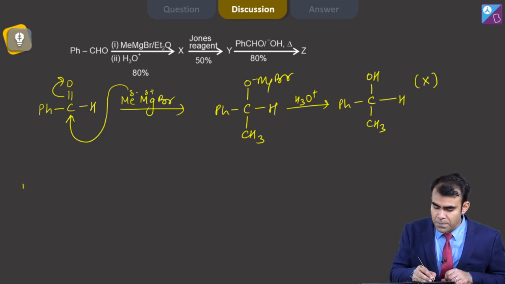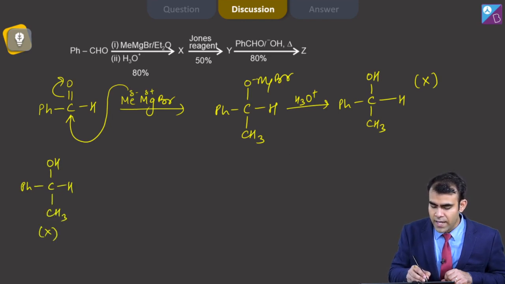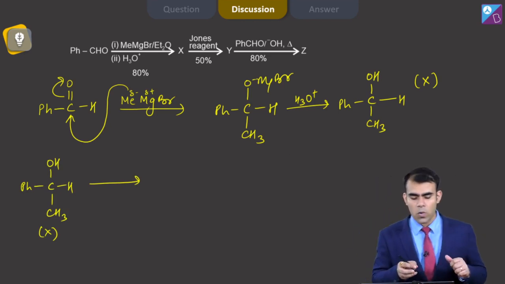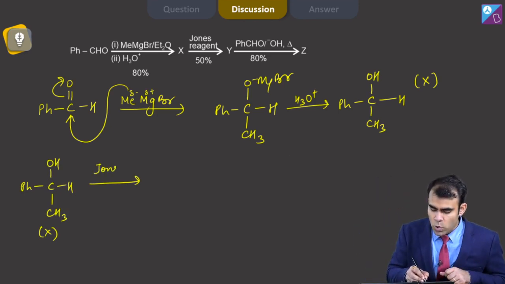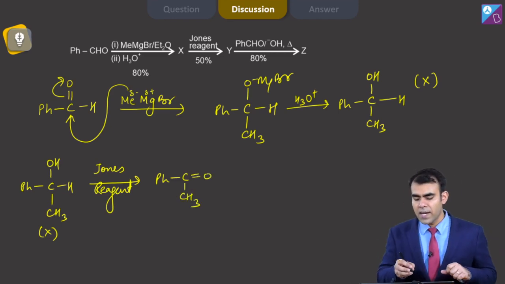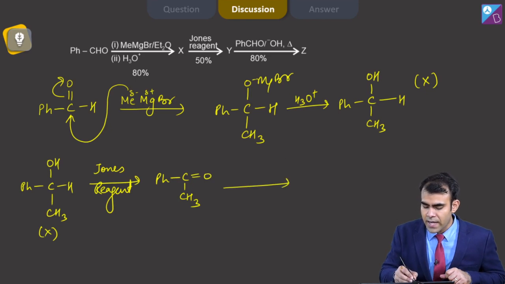Now this X, that is PhCH(OH)CH3, is oxidized by Jones reagent, and we know Jones reagent oxidizes a secondary alcohol to a ketone. So this is Jones reagent. It oxidizes it to Ph, C double bond O, CH3. And finally, we are reacting it with PhCHO in presence of OH minus and heat.